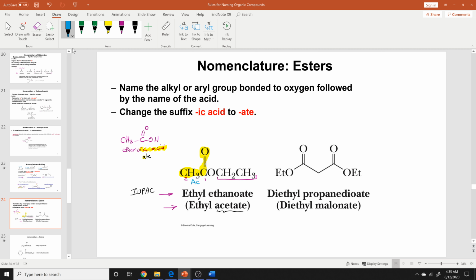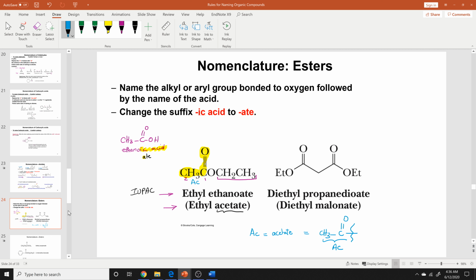So if you have an AC, AC is basically an acetate. This is an abbreviation for acetate, and the acetate is a CH3 that is connected to a carbon double bond O. This is called the acetate, the AC.